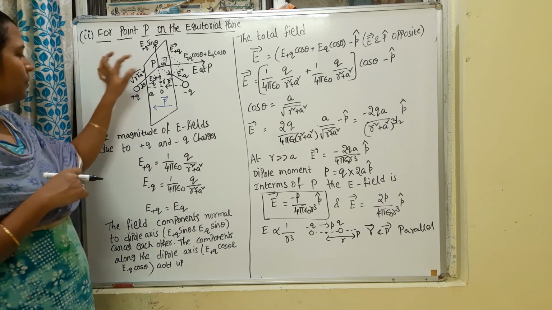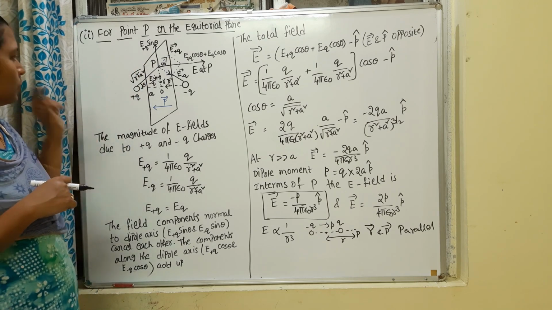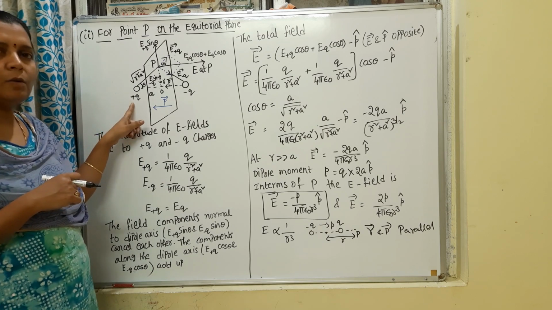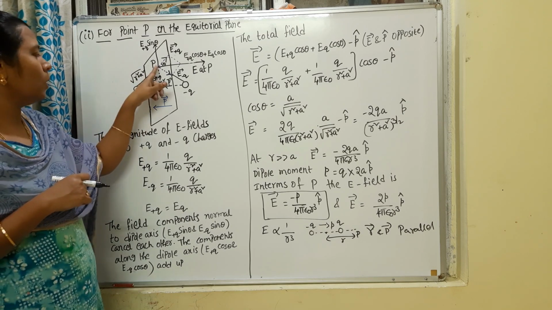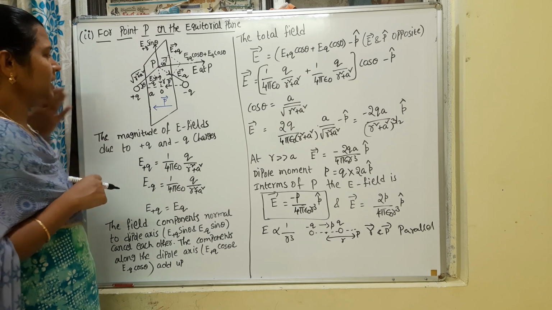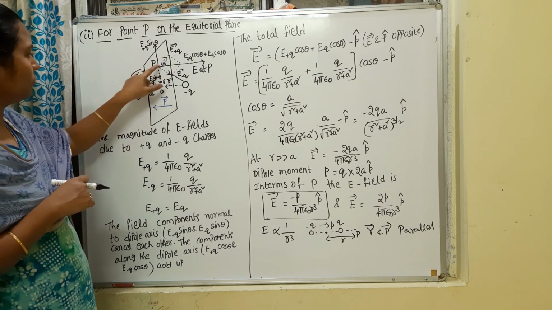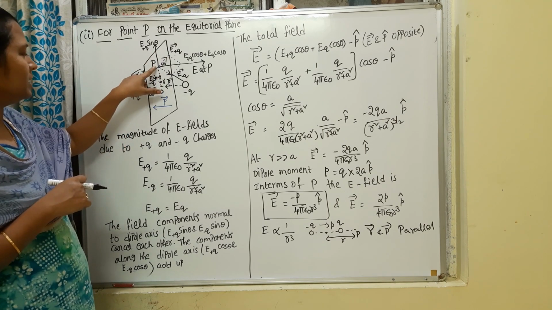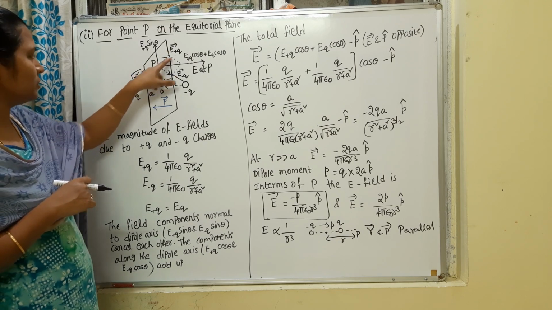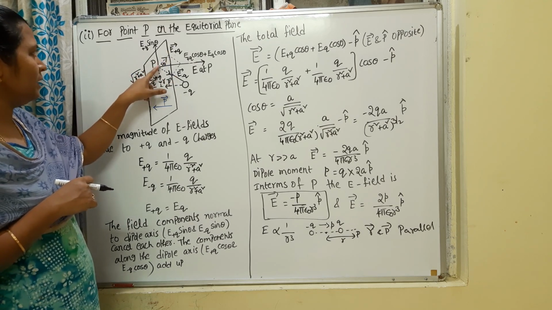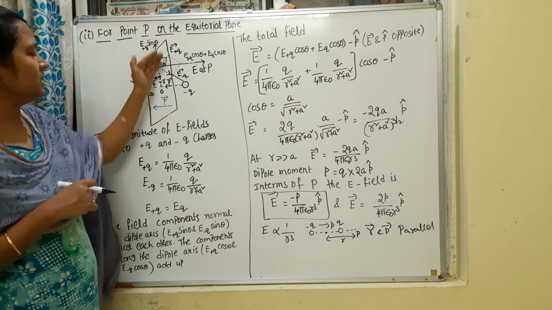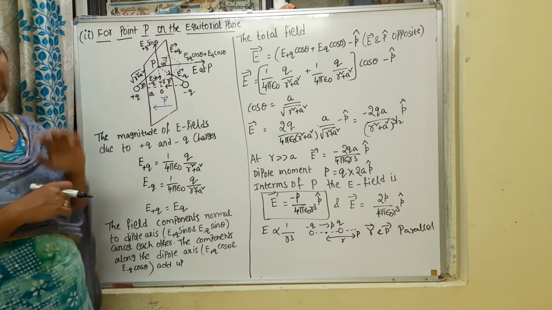Now, because of the positive charge, what is the force exerted on the test charge? It is a repulsive force. So the force experienced by the test charge is in this direction. So at point P, the electric field is in this direction, the electric field due to plus Q charge.